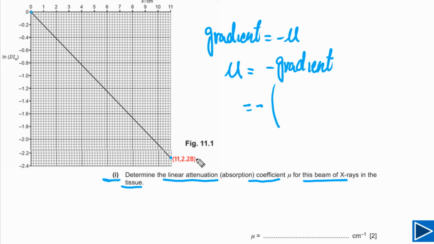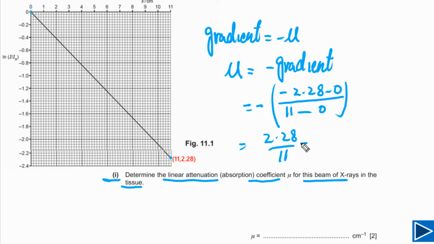In this case the gradient is negative because y is negative. So here we have negative 2.28 minus 0, divided by x, which is positive, 11 minus 0. Now if we simplify, negative cancels with negative, so we are left with 2.28 divided by 11.